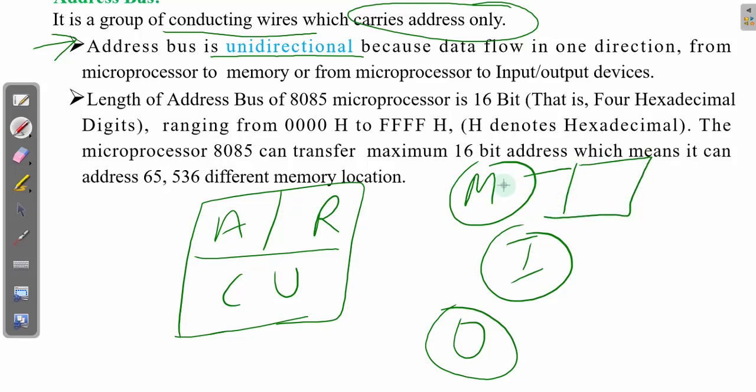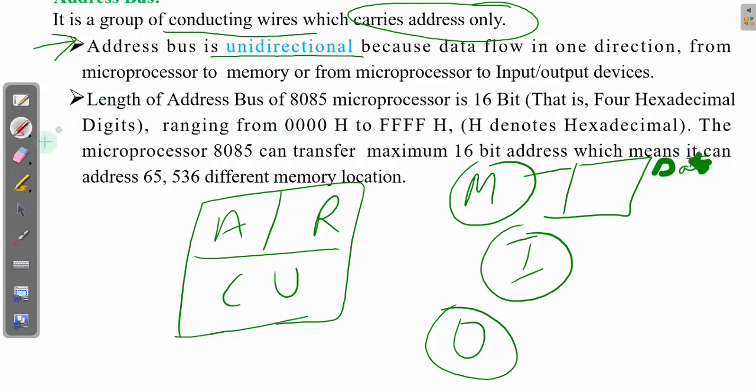What do you mean by memory? Can anyone tell me? Memory means storage space. I'm trying to give you a very technical point. Storage means data, yes or no?